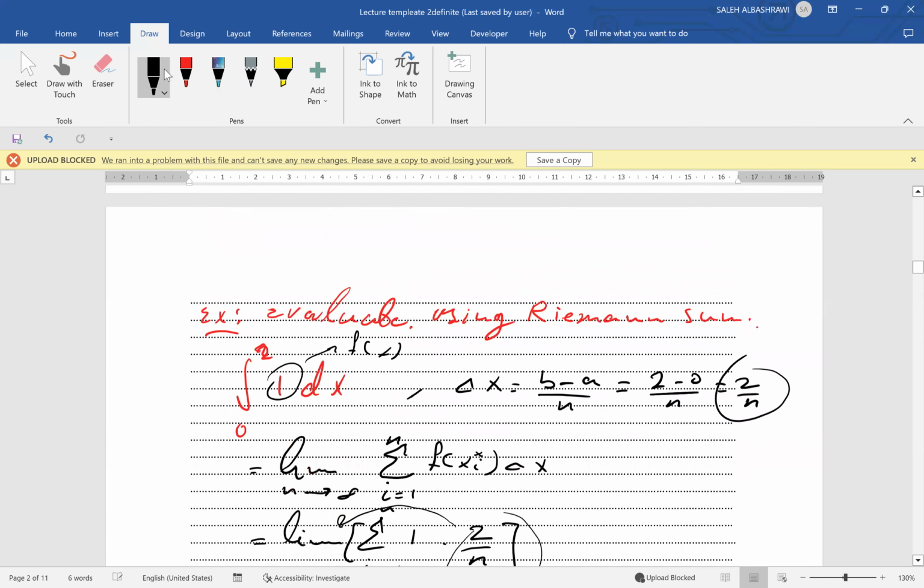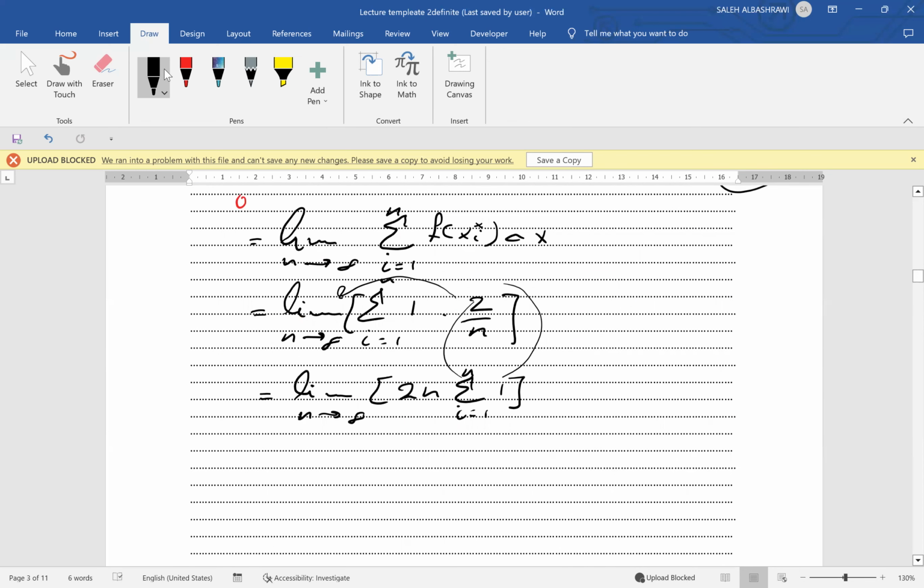So we can replace sigma of 1 with n. And so this is not 2n, this is 2 divided by n. So I will have the limit of 2 divided by n multiplied by n, the value of sigma, as n goes to infinity.